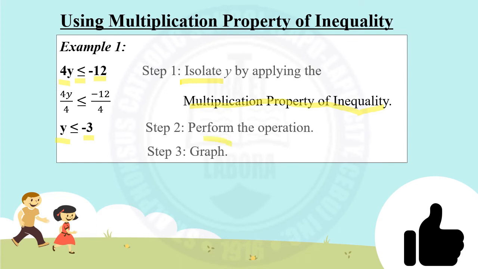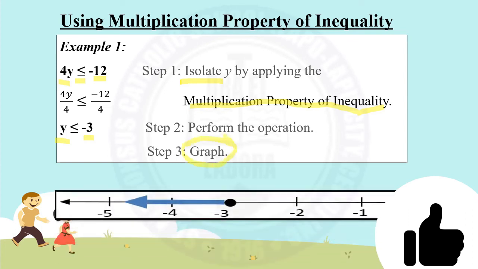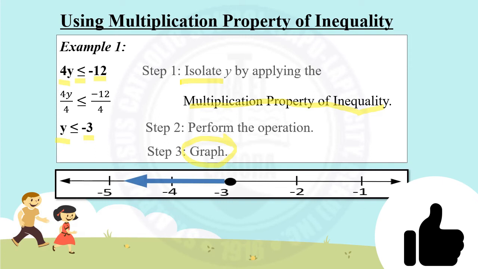Then we need to graph. The graph is going to the left because it is less than. Then our circle is a shaded circle because it is less than or equal to.